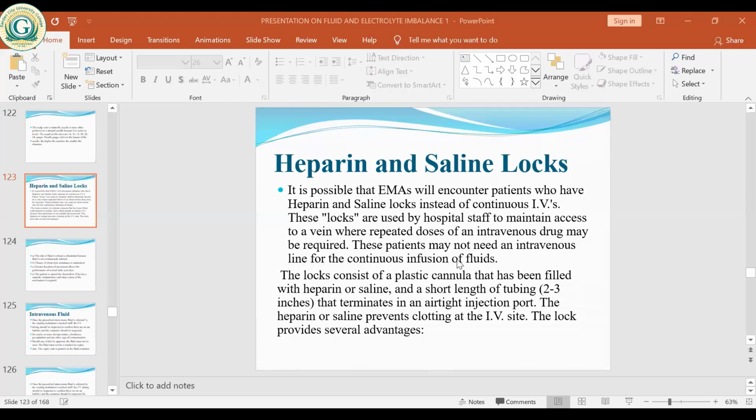And this is to prevent clot formation at the entrance of the cannula. So the next time you are about to give the medication, the clot will not prevent you from giving it. And the patient may not be at risk of embolism from the clot. So the locks provide several advantages. Let us look at those advantages.